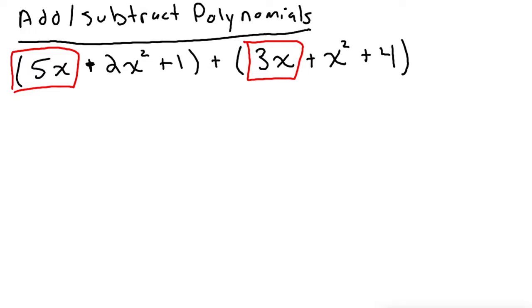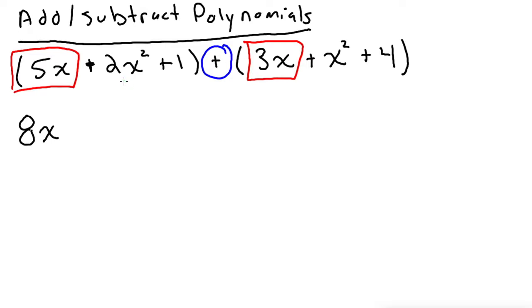Remember, this tells me what operation to do. This addition. So I'm taking this part of the polynomial, the monomial, plus this. So if I have 5x plus 3x, I'll have 8x right here. So I'll put that number down first, and now I'll move on to the next one.